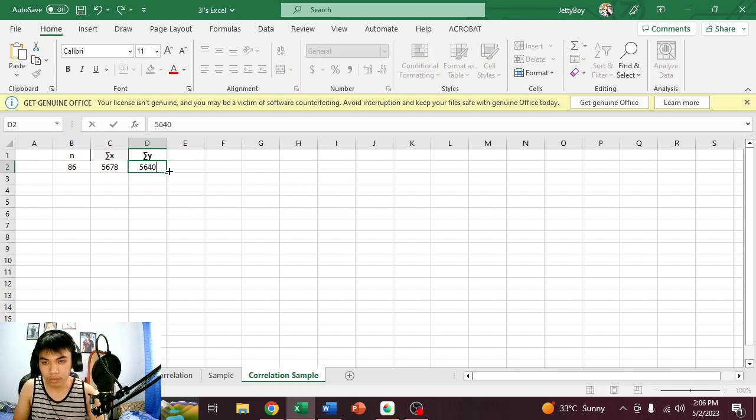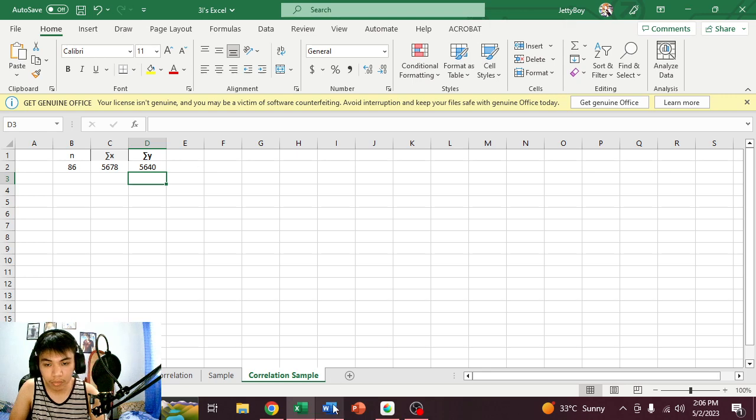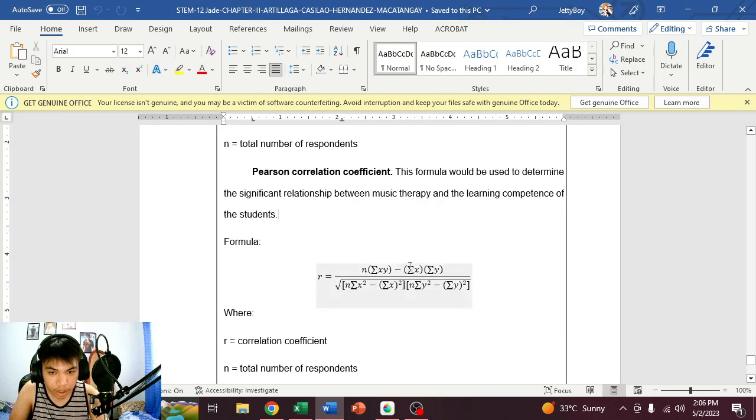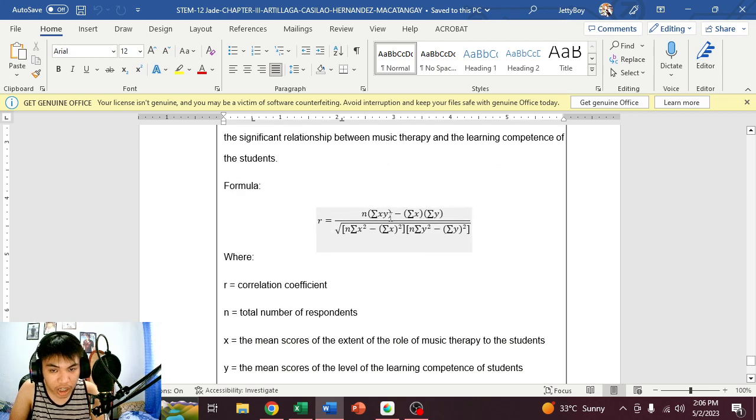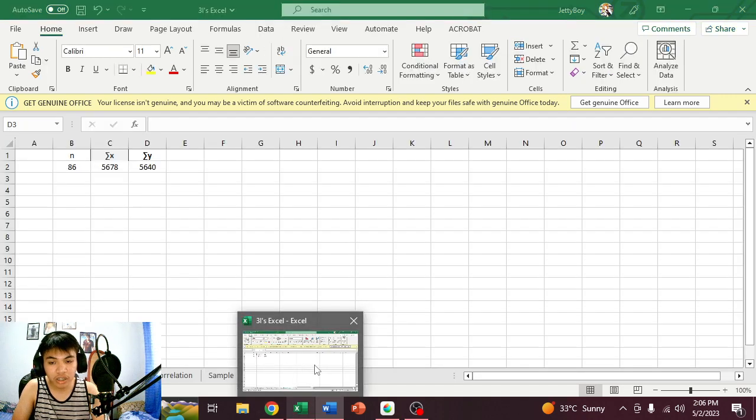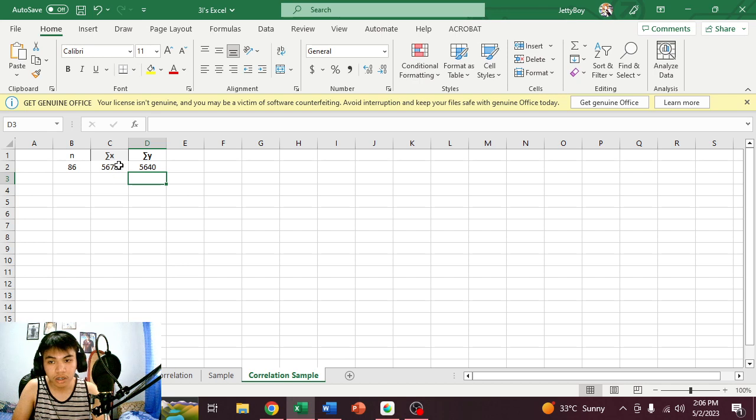Now, next up, we have the summation of x and the summation of y. Now let's look at the summation of x times y. So you may be thinking that simply it is we sum this and this.